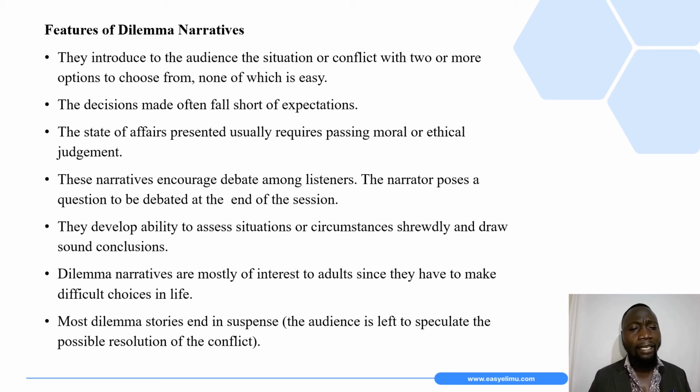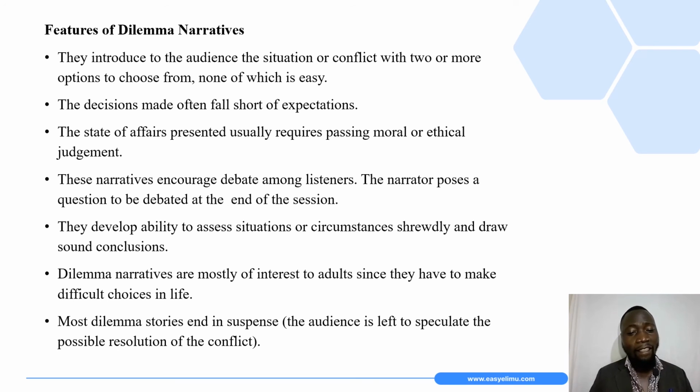Another important feature to note is that dilemma narratives develop the ability to assess situations or circumstances shrewdly and draw sound conclusions. They are also mostly of interest to adults, since they have to make difficult choices in life.